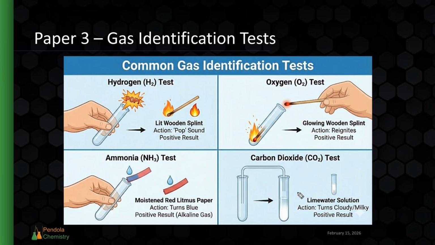Lime water is the common name for calcium hydroxide, Ca(OH)2. So lime water is a solution of calcium hydroxide that is very highly saturated, so it is holding all the calcium hydroxide it can possibly have.